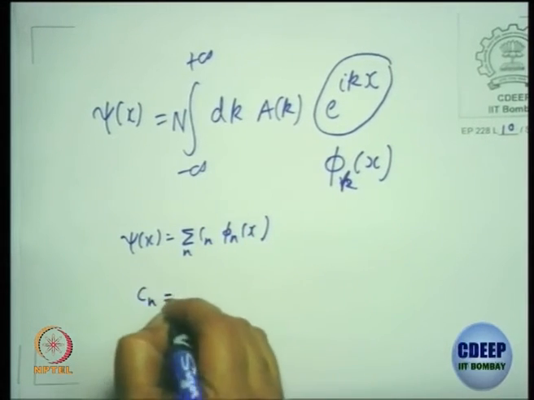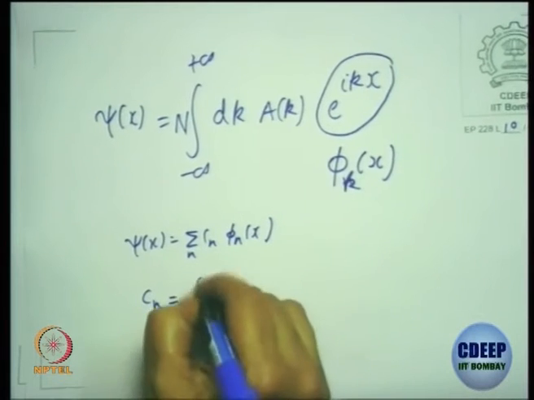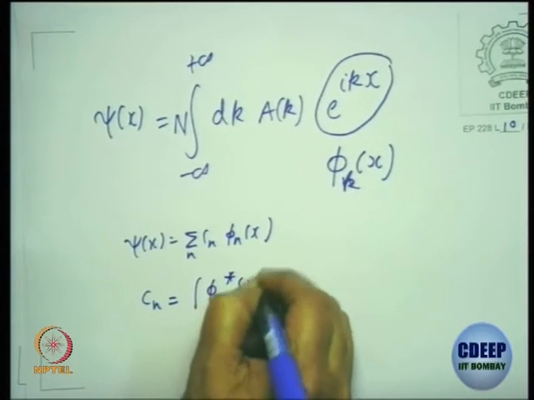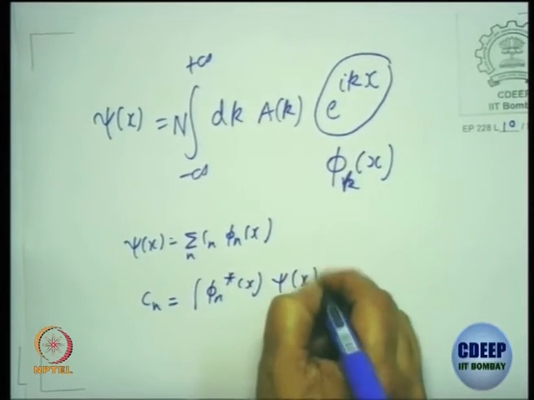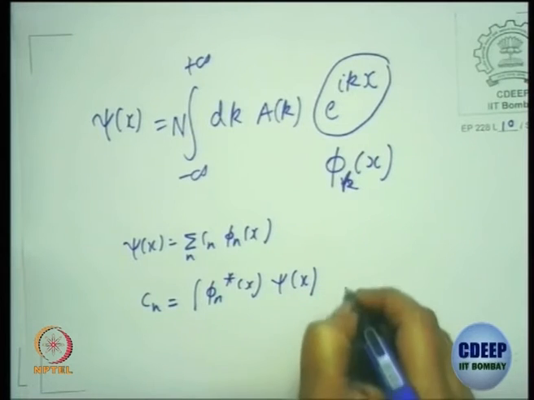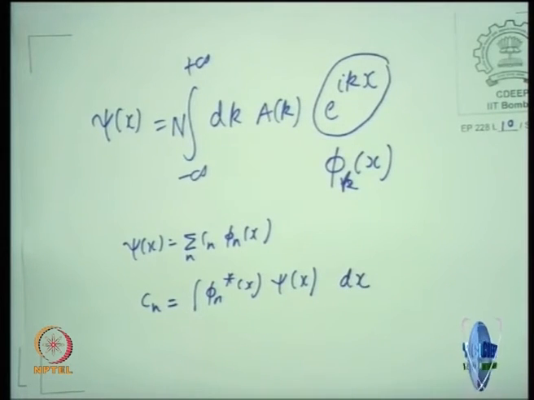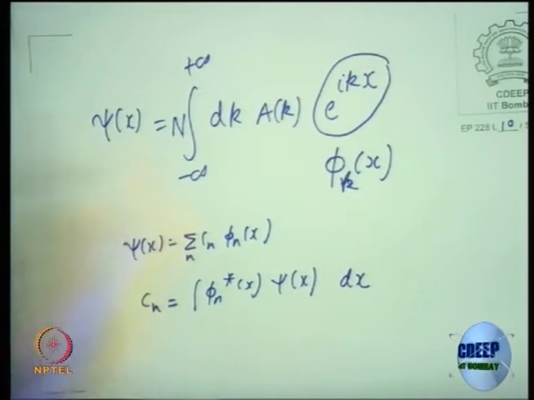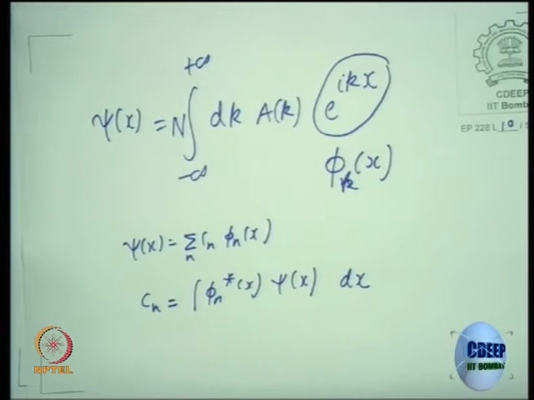Cn was, you integrate both sides with phi n star of x, psi of x. Integration is over dx. This is what you did. Now what will you do here? You have to take the phi k star of x on this side, and that will give you the coefficient A of k.